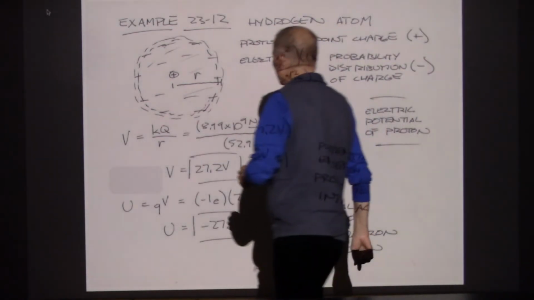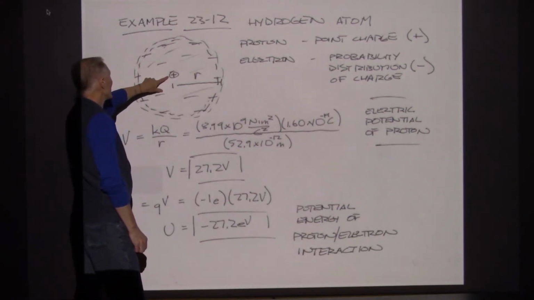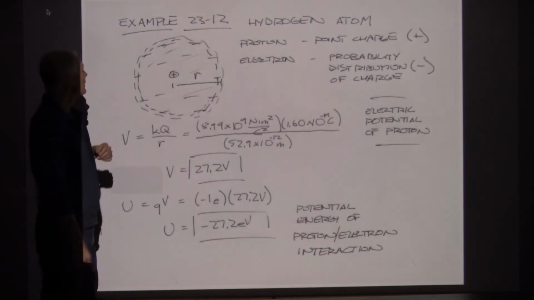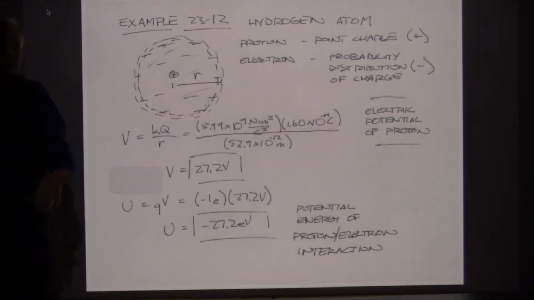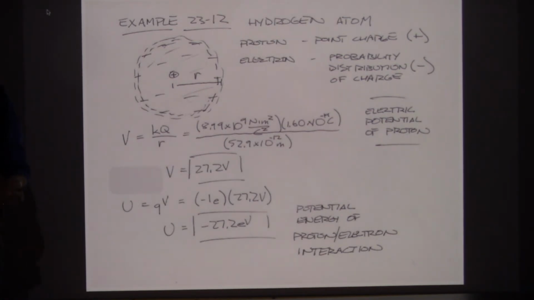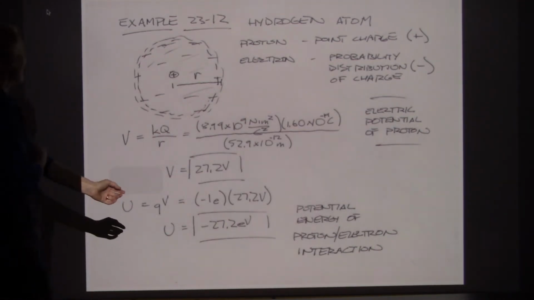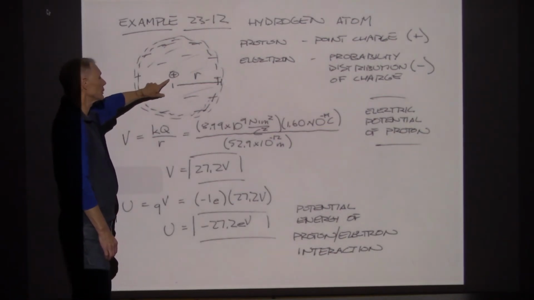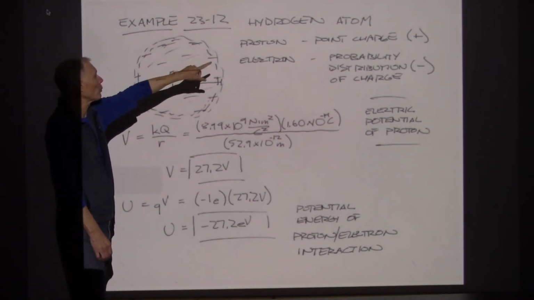The proton takes up such a tiny amount of space, and it's so much heavier than the electron, that to a good approximation we can treat the proton as if it's just sitting at rest. It doesn't take up that much space, and so that is really well represented as being a point charge.